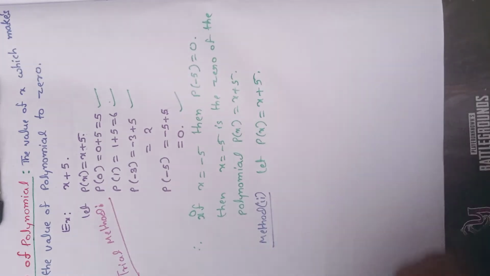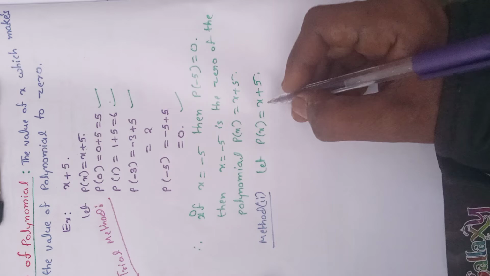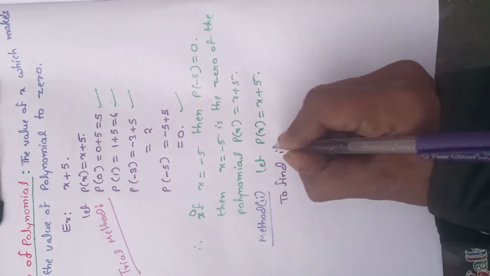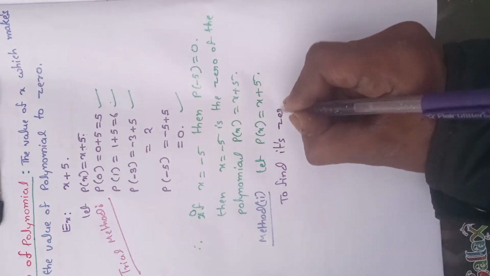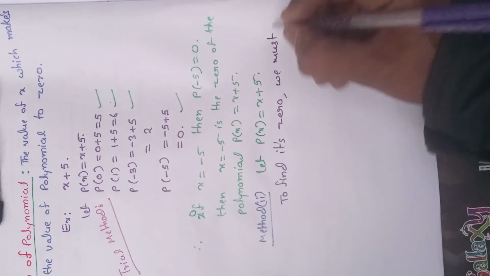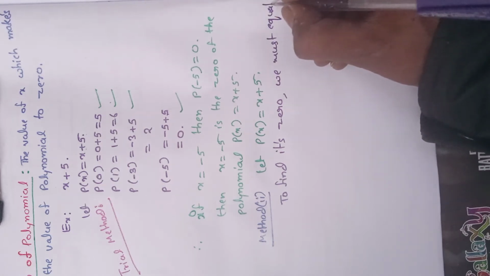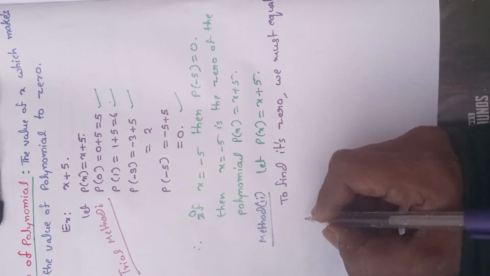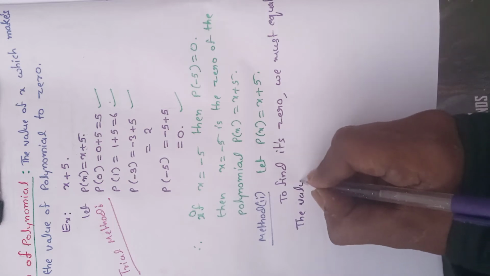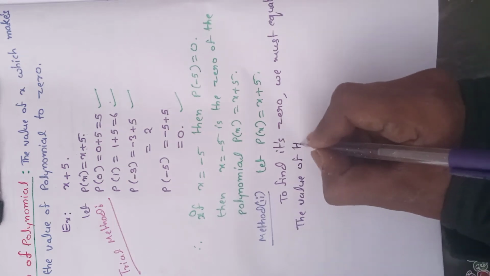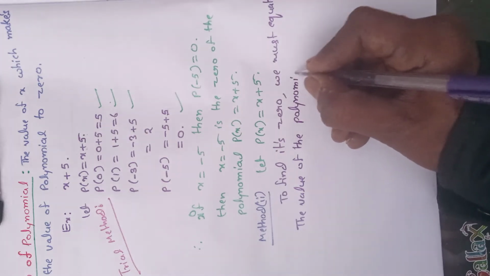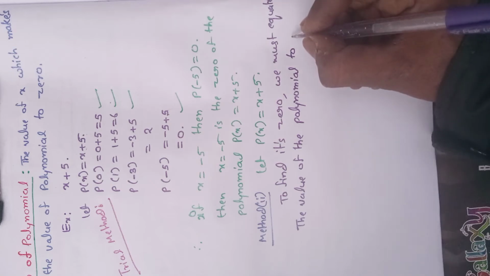I am writing here, look here very carefully. For the linear polynomial, to find its 0, we must equate the value of the polynomial to 0.